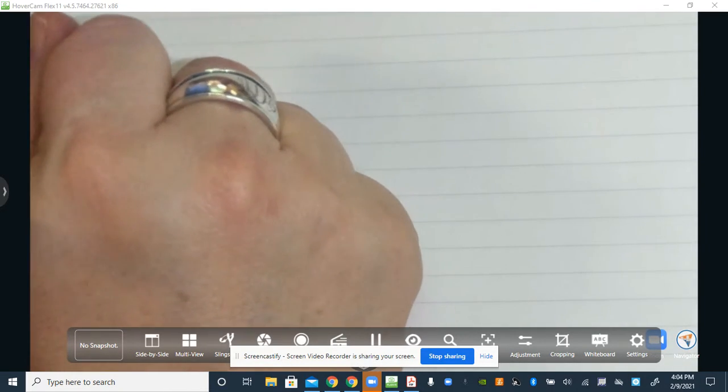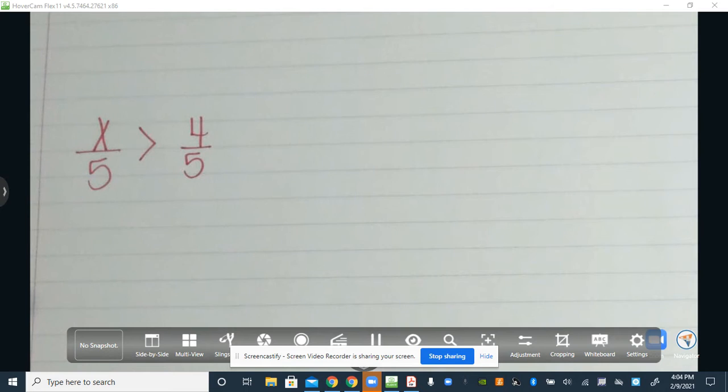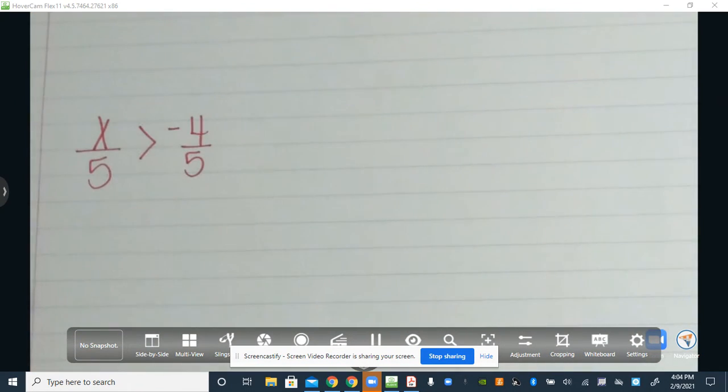And x over 5 is greater than negative 4/5.